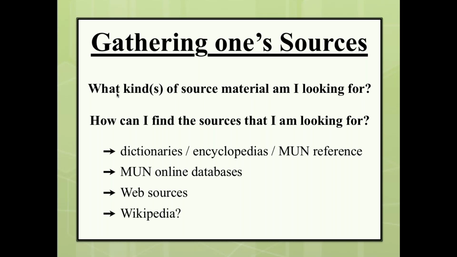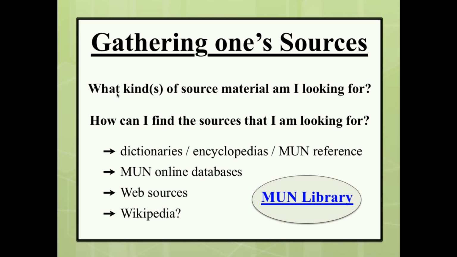Wikipedia is also pretty good at flagging articles that seem to be based more in opinion rather than good referencing, so you can take note of Wikipedia's warnings. But for the most part, don't use it as your main source. Use it for backup, mostly for facts, but try to get other, more reputable sources for your information. Now let's look at how to use the MUN online databases.